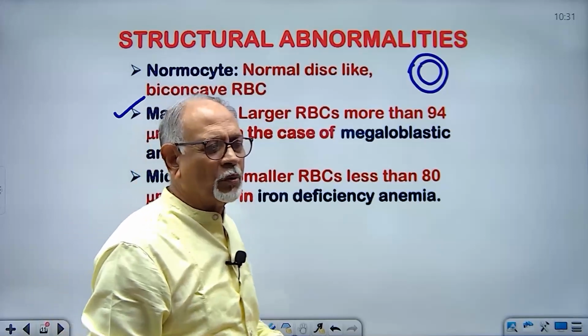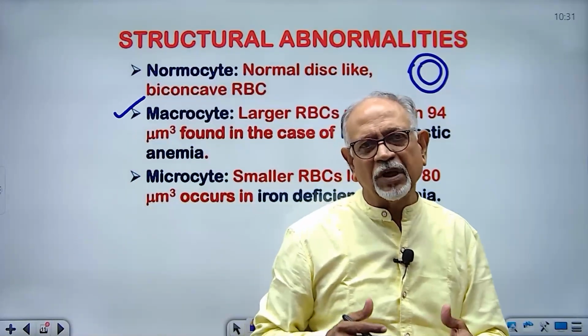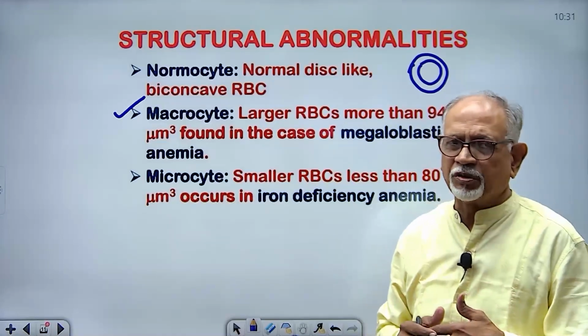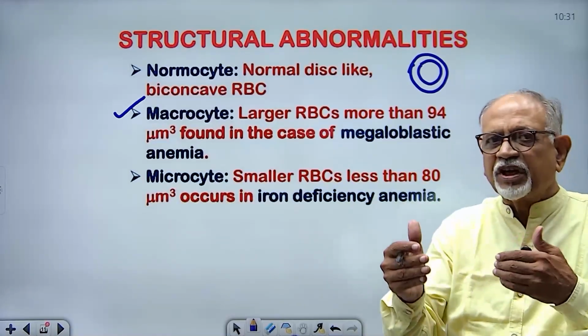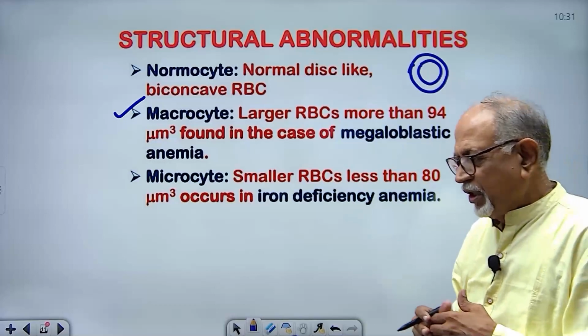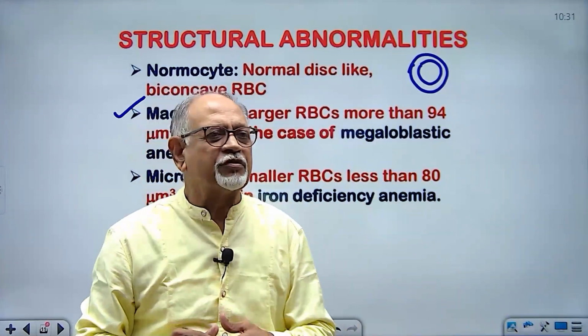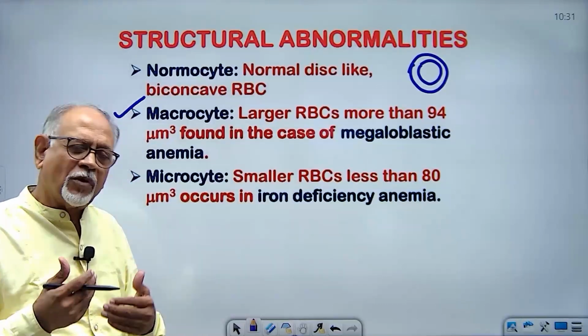As you know, when the RBC matures from the erythroblast stage, its size regularly decreases, its nucleus degenerates to accommodate more amount of hemoglobin.